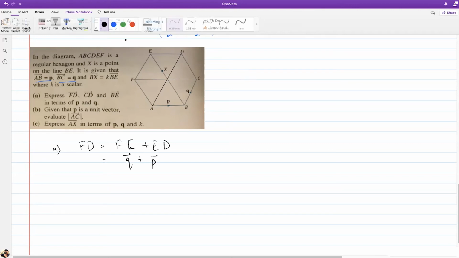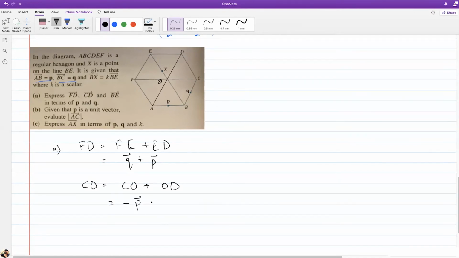So that's just a hexagon, the way it is. So I can say that going from C to D will be going from C to O first, which is opposite of A to B, and going from O to D, which is the same as going from B to C. So C to O is negative P and O to D is plus Q. So that's what I know. That's C to D, right?